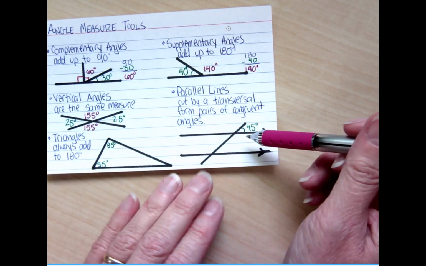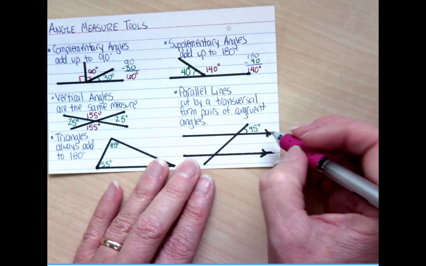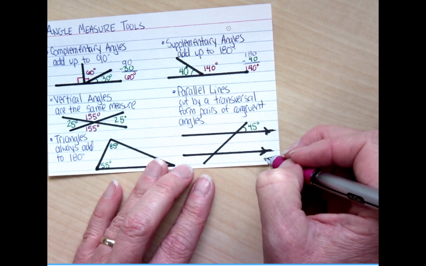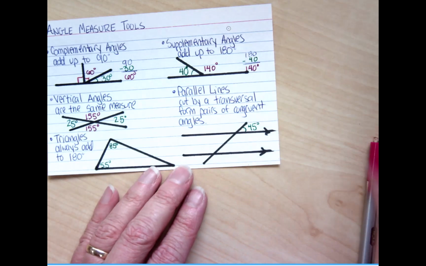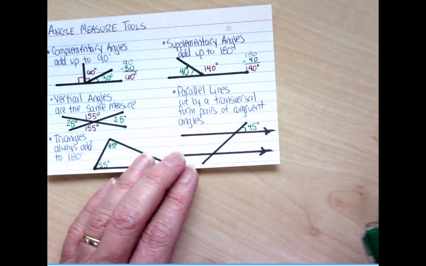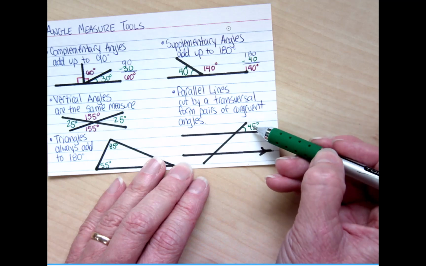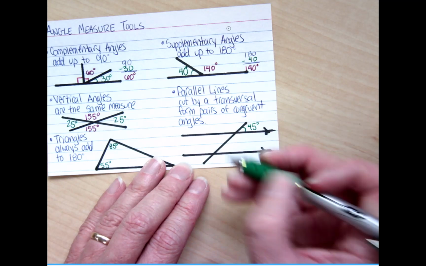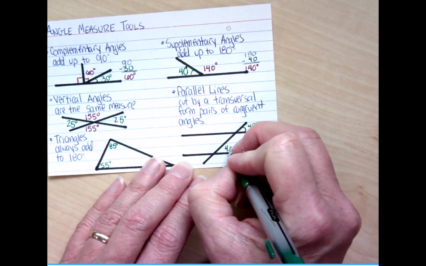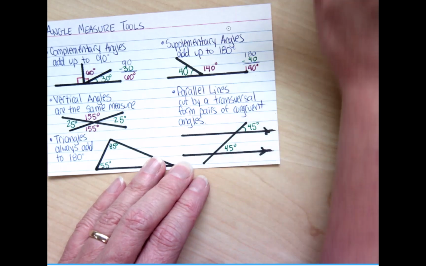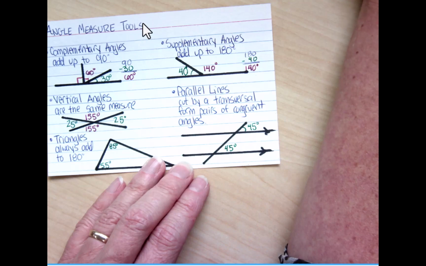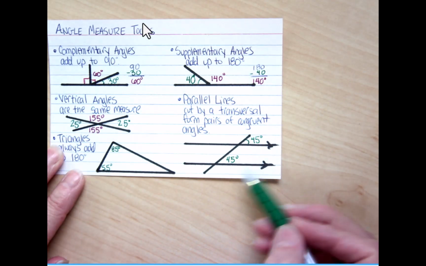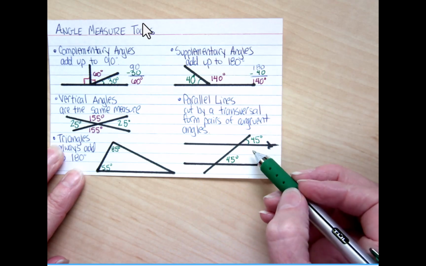We looked at parallel lines. We can tell things are parallel if they have these little arrowheads. And if they're parallel, then we can use a lot of transformations, starting with, if I know this is 45 degrees, I can translate it right down here to say that this is 45 degrees. You can combine this with what we know about vertical angles.